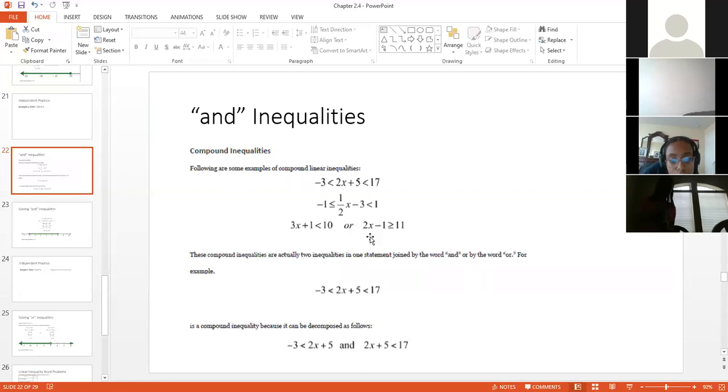So either of the inequalities has to be satisfied. This one can be satisfied or this one can be satisfied. Both do not have to be met, as with an and.